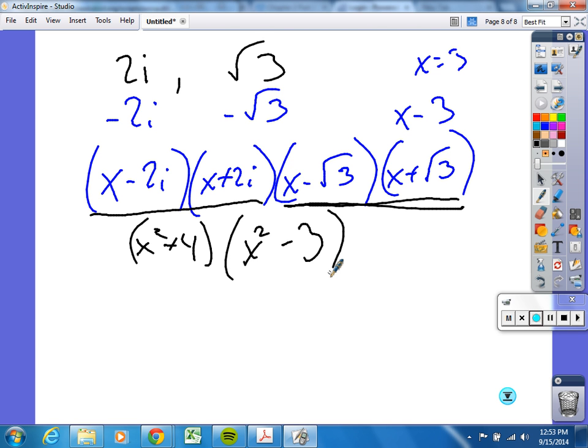Yeah. What happened to the i? Once again it became negative 4i squared, right? And what is i squared again? Negative 1 times negative 4. That's where you went. Good question. Everybody good? We doing okay?